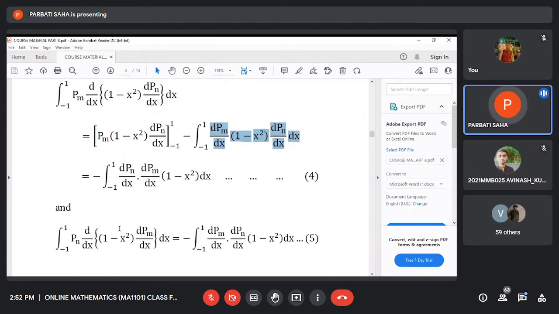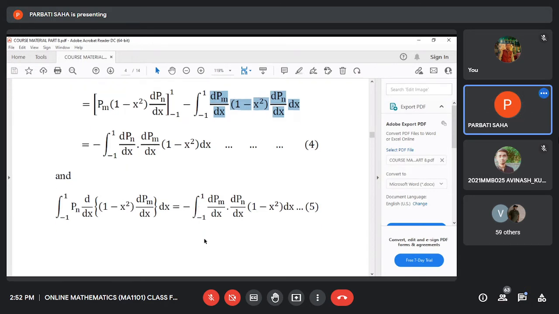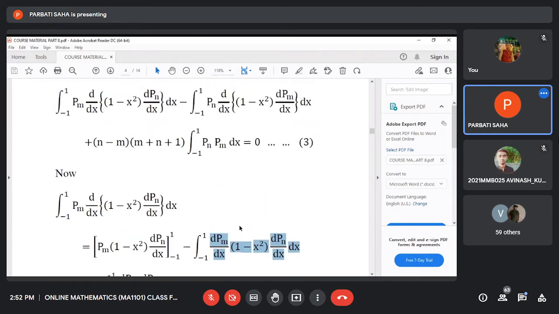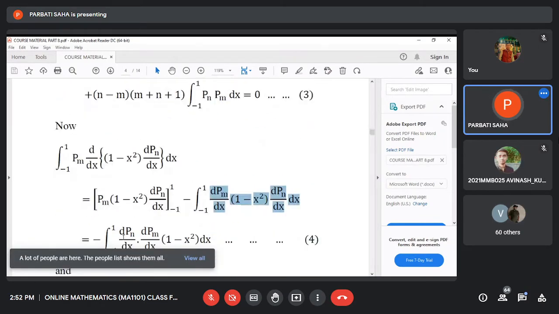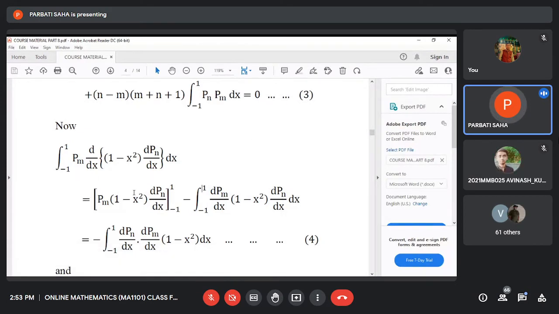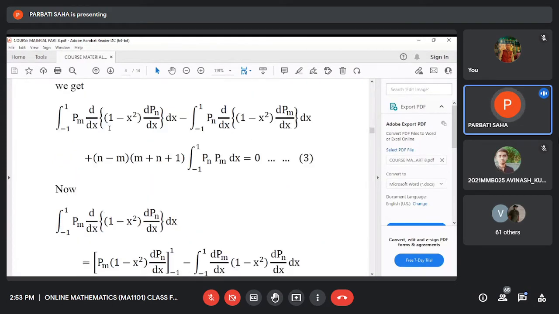Now the integral from minus 1 to plus 1 equals this. Similarly, this is the first term, and if we compare the first term with the second term, what is the difference? Just m and n have been interchanged.